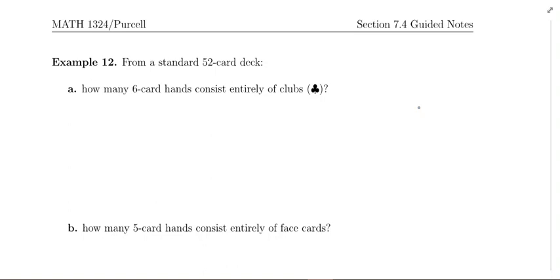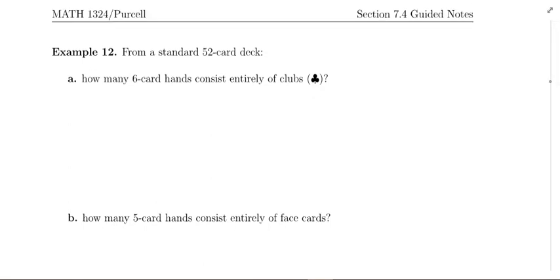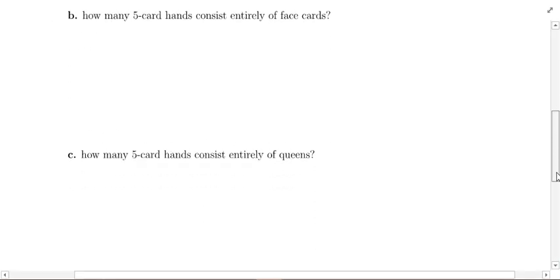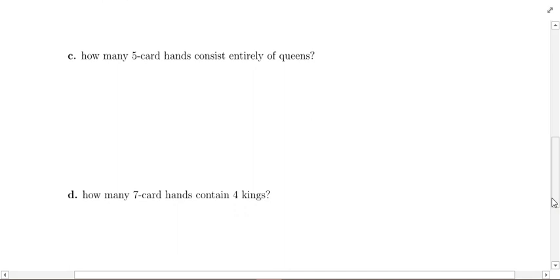Okay, I'm actually going to keep reading through the first few of these just so you get an idea of the kinds of questions being asked. In part B, how many 5-card hands consist entirely of face cards? In part C, how many 5-card hands consist entirely of queens?